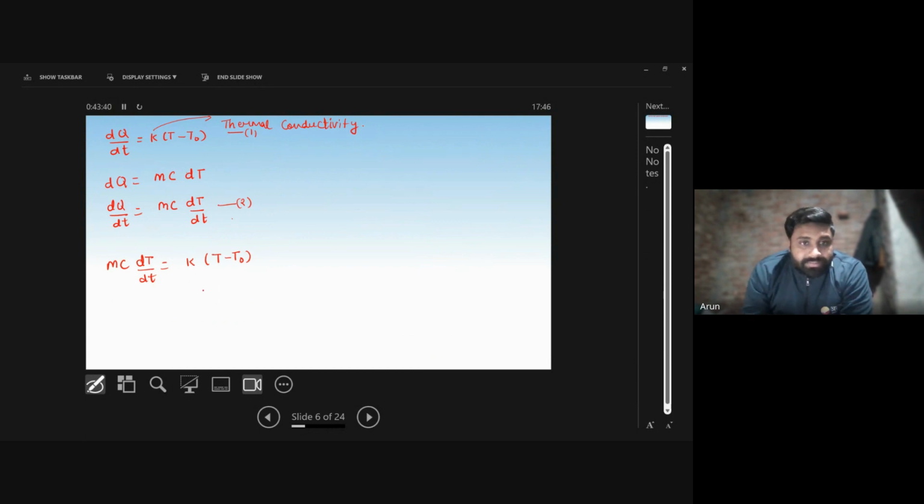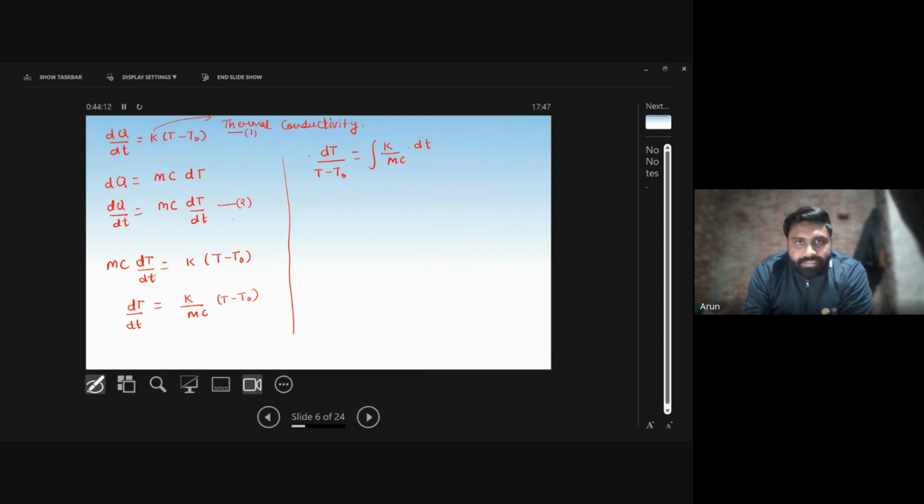Okay, so what we will do is take this mc in the denominator of this k, so k upon mc, this k is capital here, times (T minus T naught), dT by small dt. Now take this temperature term below this differential: dT upon (T minus T naught) equals k upon mc into dt.